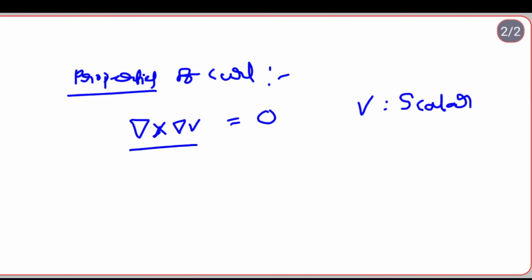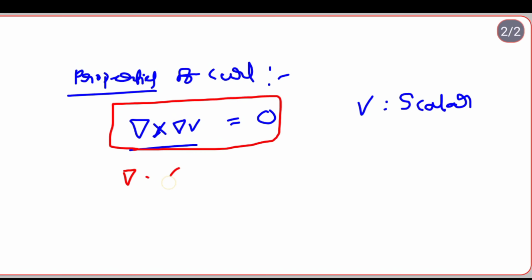And another one, the divergence of the curl: del dot del cross A, where the vector magnetic potential is A bar, equals 0.